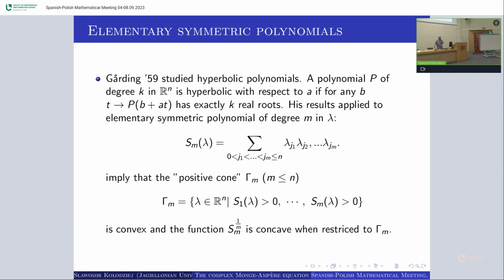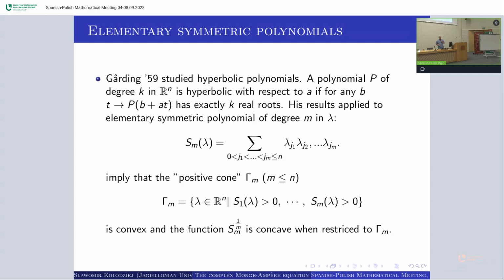One thing which was proven in Gårding's paper is that the cone defined here as gamma m is a convex cone. It is defined by inequalities S_j of lambda bigger than 0, j between 1 and m.